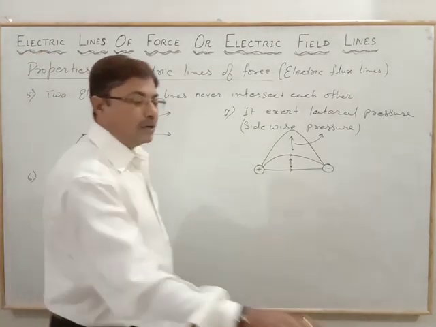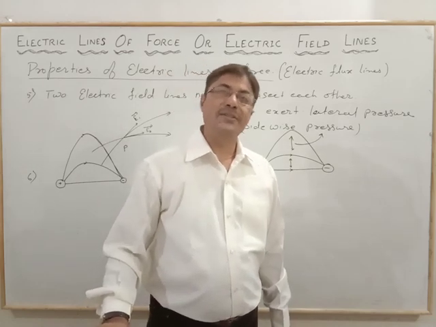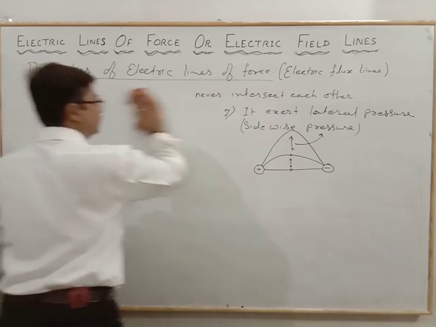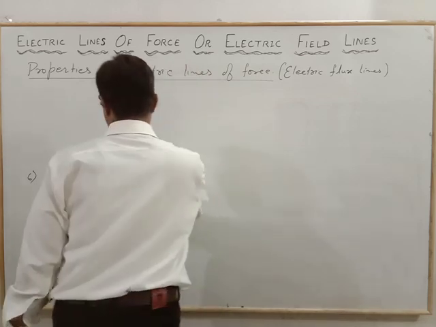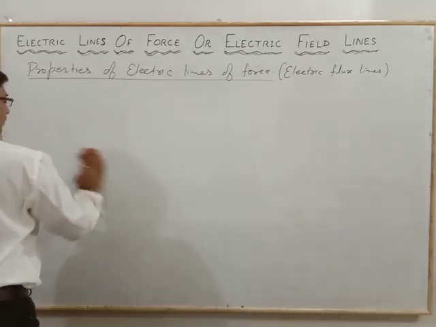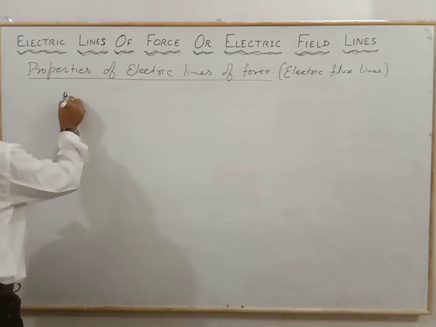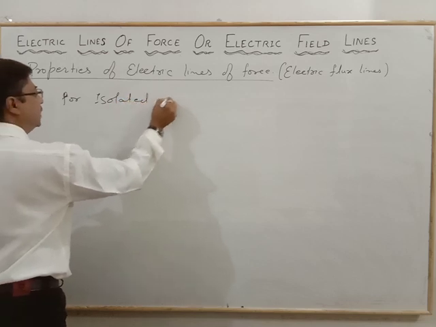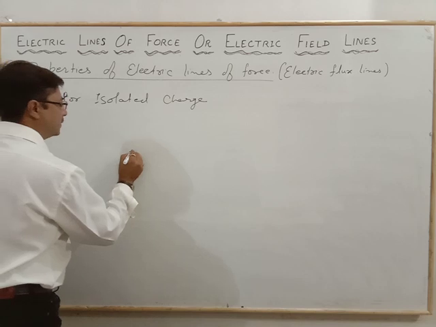Now in case of isolated charges, the electric field lines are always straight. For an isolated charge, the electric field lines are straight.